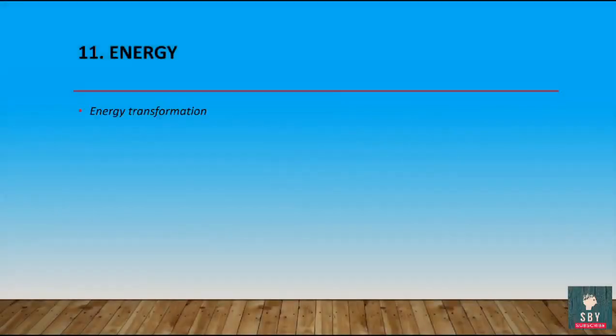Energy. First of all, energy transformation, the conversion of one form of energy to another. Say kinetic energy to potential energy, and also electrical energy to light energy to heat energy, and so on.